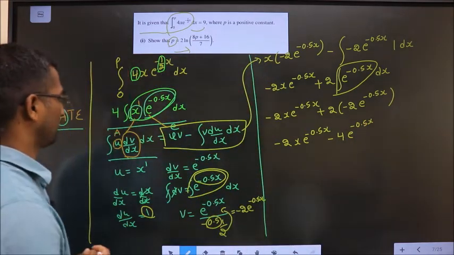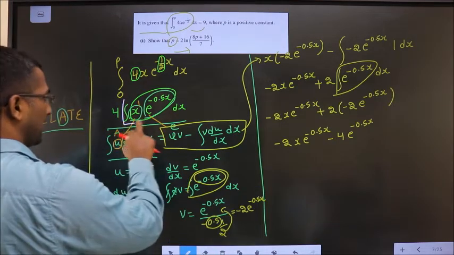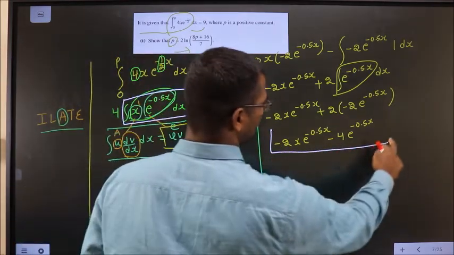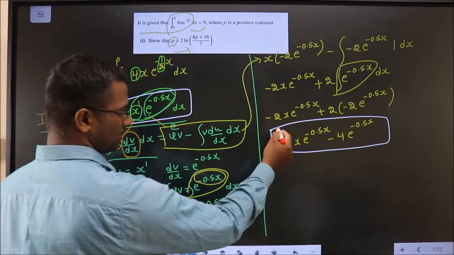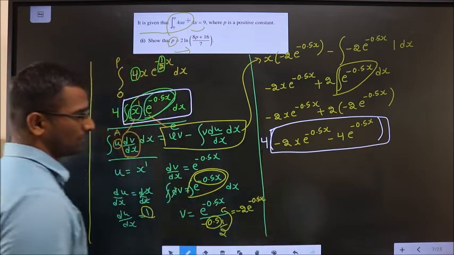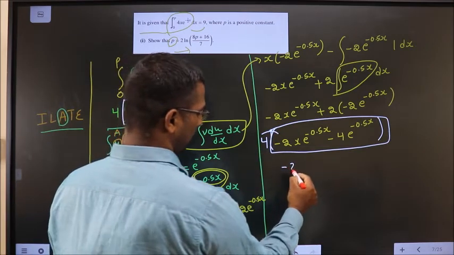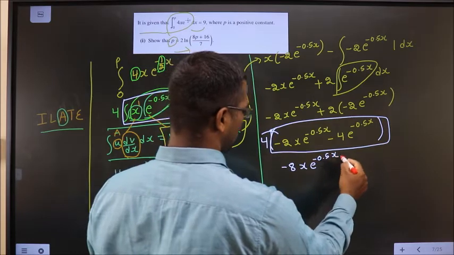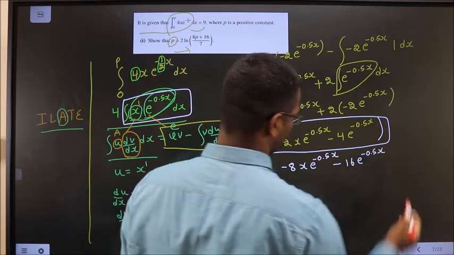Now this is the integration. Here I have 4 before that, so this entire thing should be multiplied by 4. So what do I get? Minus 8x e power minus 0.5 x minus 16 e power minus 0.5 x.